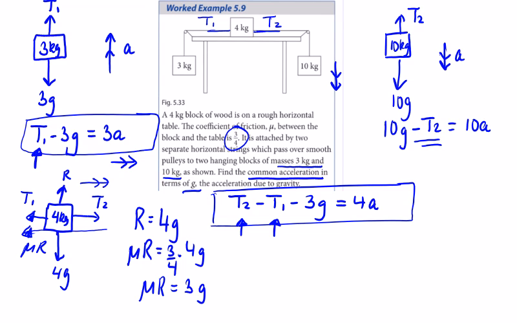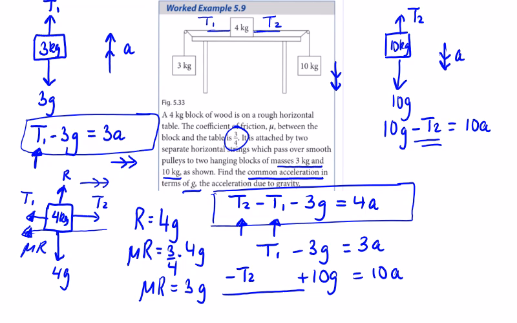So when we bring these three equations together, you probably have done this in maths before, we're going to add all three. So I'm going to line them up here. I have T1 minus 3G is equal to 3A. And if I line the other one up, 10G minus T2, so minus T2 plus 10G is equal to 10A.